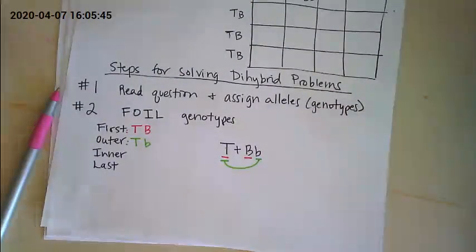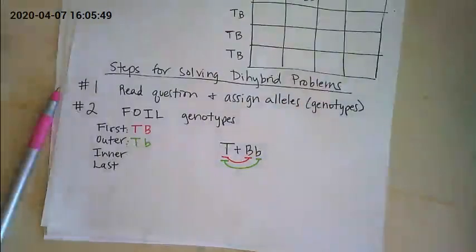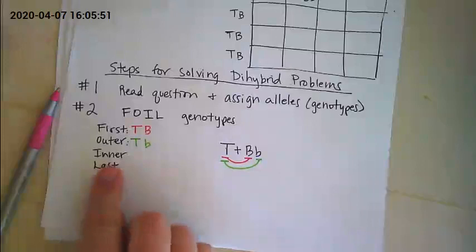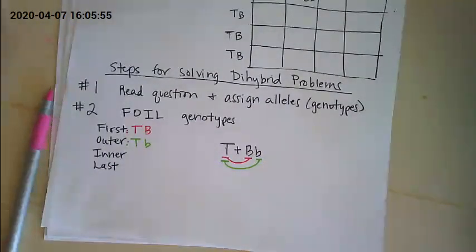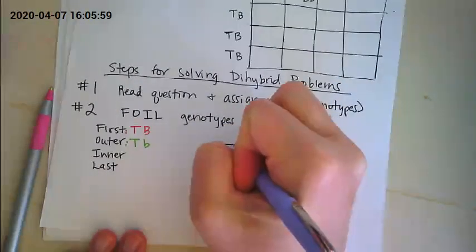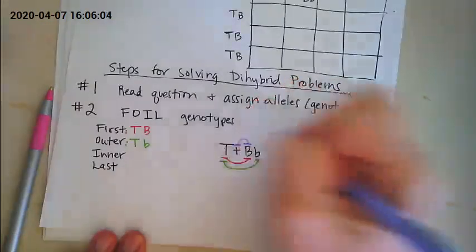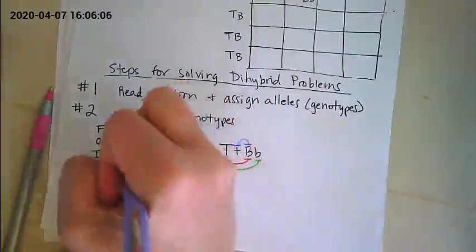All right, then we're going to move to inner. Those are the letters on the inside of the genotype, so that's going to be this little t and this big B. So it's the inside guys, okay?